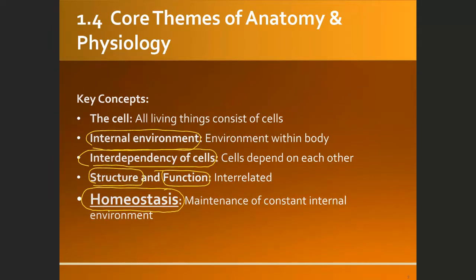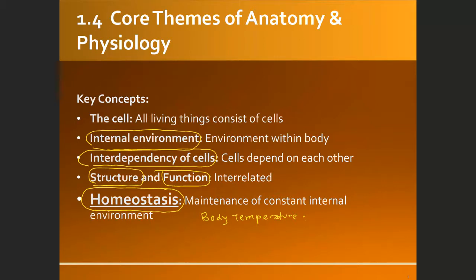So homeostasis is the internal body conditions that have to be maintained in order to be healthy or normal. For example, body temperature. The homeostasis for body temperature is around 98 degrees.